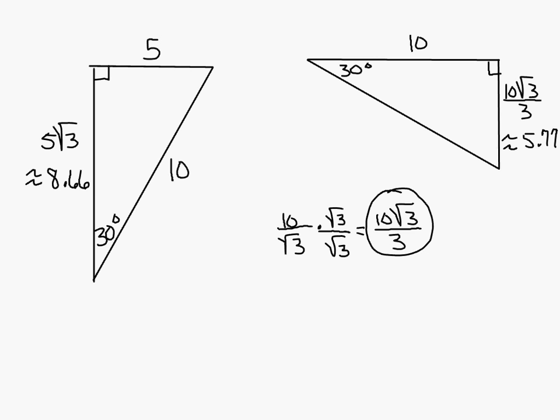So if you take 10 square root of 3 over 3 and you multiply it by 2, you're multiplying it by 2 over 1. 10 times the square root of 3 times 2 is 20 square root of 3. 3 times 1 is 3. And the 20 over 3 won't simplify. So in simplest radical form, the hypotenuse is 20 square root of 3 over 3.